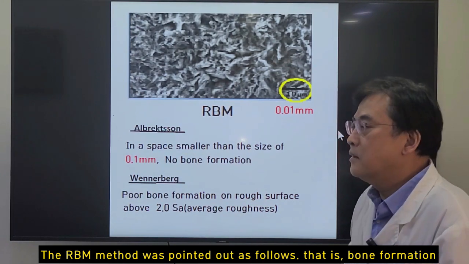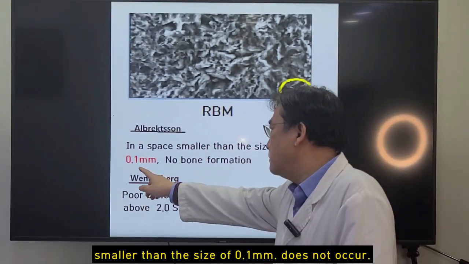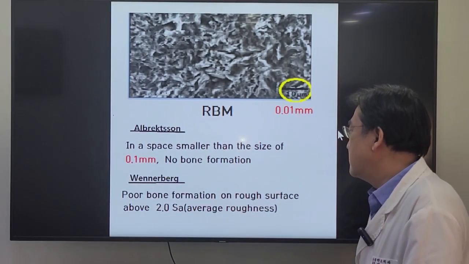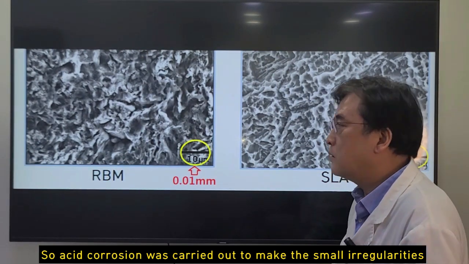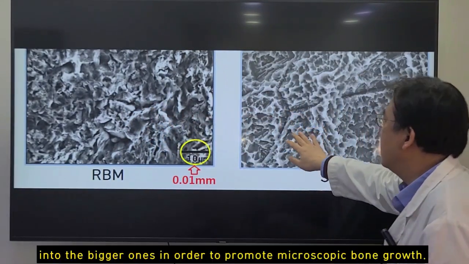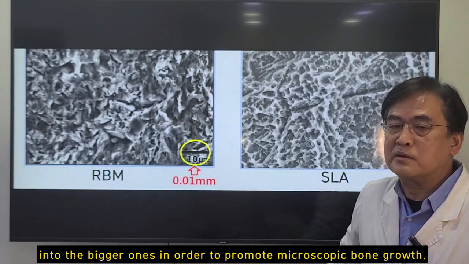That is, bone formation in irregularities smaller than 0.1 mm does not occur. So acid corrosion is carried out to turn the small irregularities into bigger ones in order to promote microscopic bone growth.